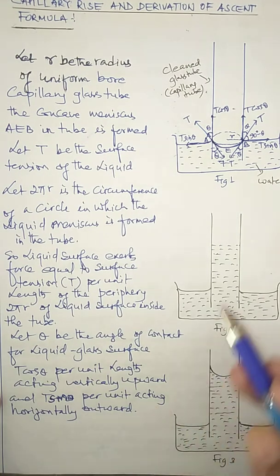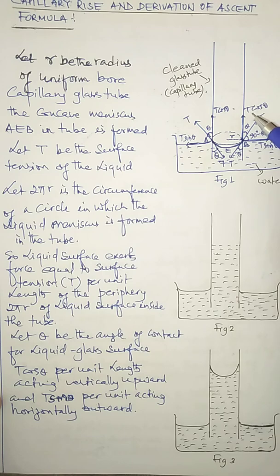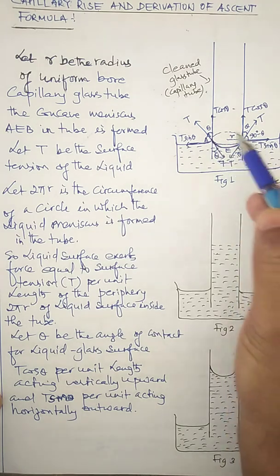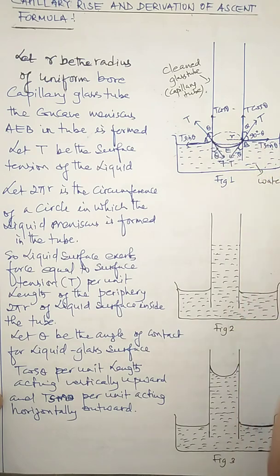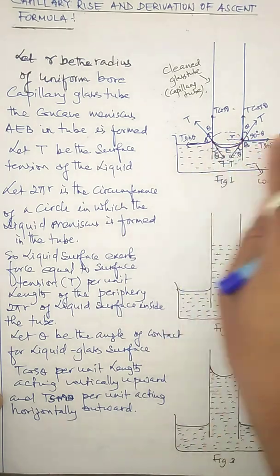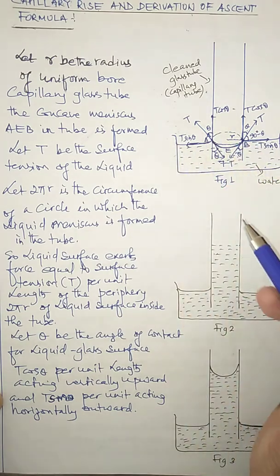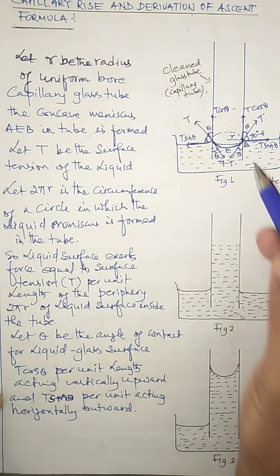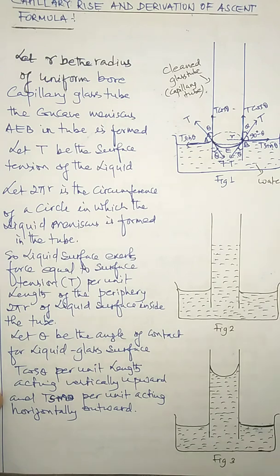So children, as I said already, there are two components. One is T cos theta per unit length on this periphery of the meniscus, and there is T sin theta which is acting horizontally outward, and that is also acting per unit length of this periphery of the meniscus.